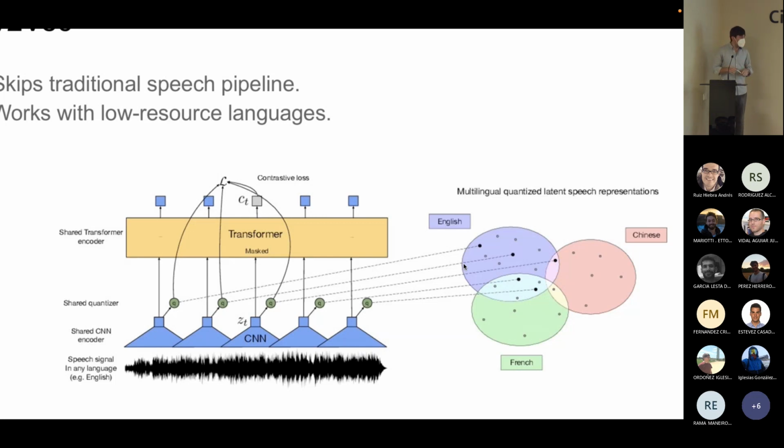And the good thing about this system is that, as you can see, most of the phonetic representations for the voice can be shared across languages.